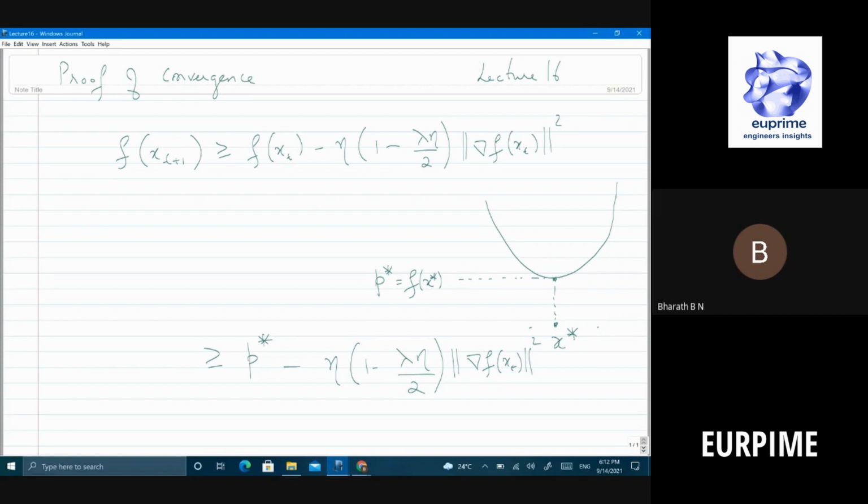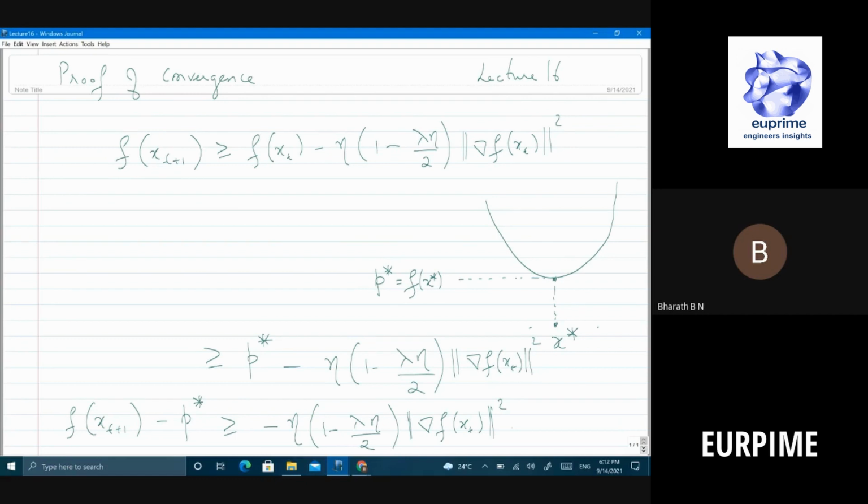So now what is it that we are saying? Let's look at this. f of xt plus 1 minus p star. What is this difference? Let me write this: it is greater than or equal to minus eta times 1 minus lambda eta divided by 2 times the gradient norm squared, right?